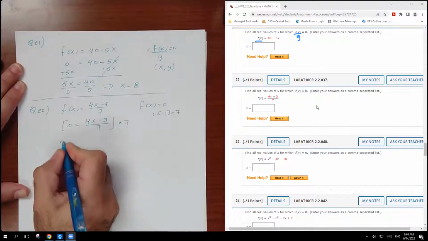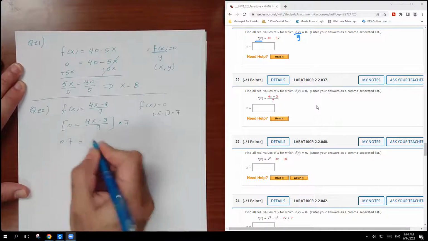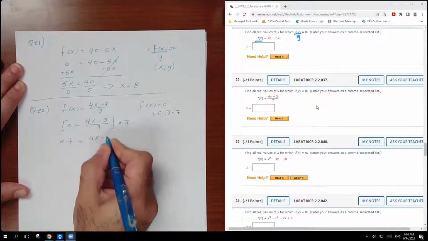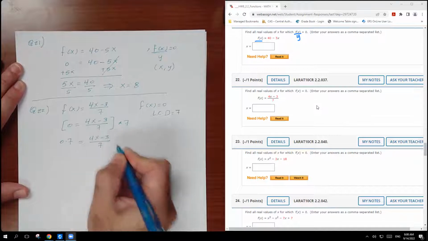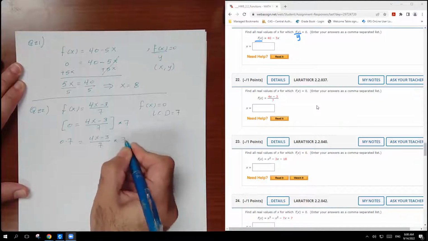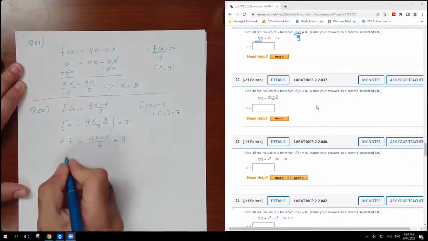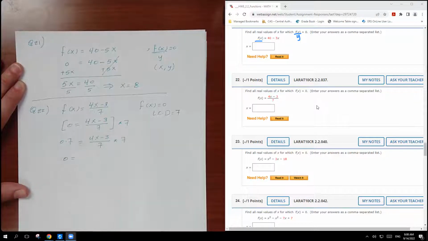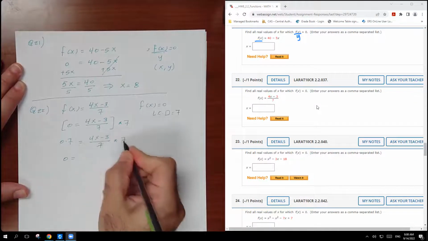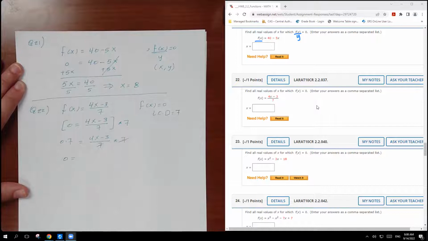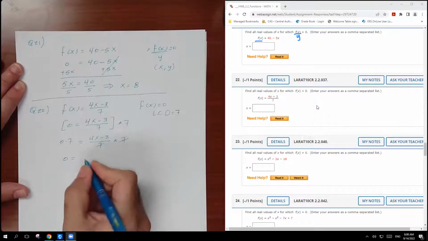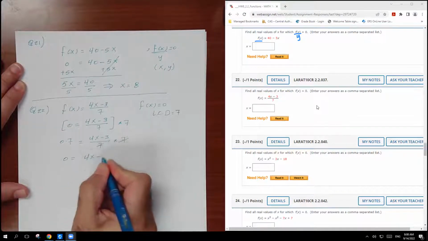So it's going to be 0 times 7 equal 4x minus 3 over 7 times 7. 0 times 7 is going to be 0. On the other side, you're just going to cancel the 7 with the 7. So the left in this case, 4x minus 3.